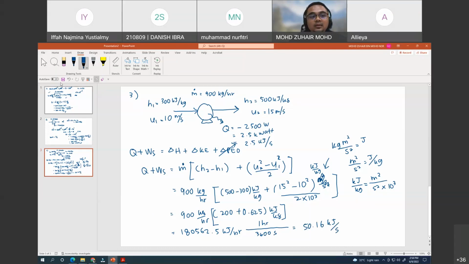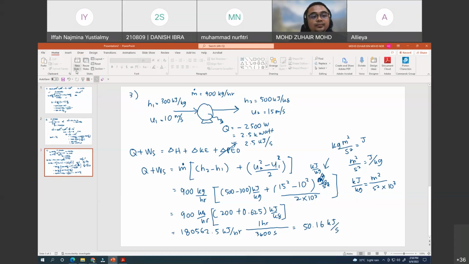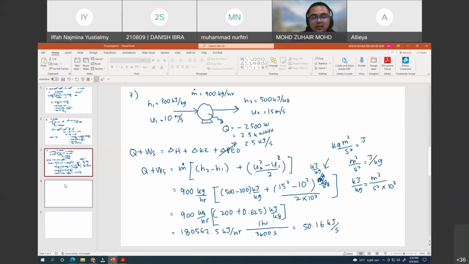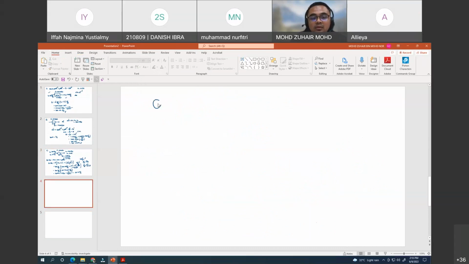Okay, once we have this, rewrite it: Q plus Ws equals 50.16 kilojoule per second.